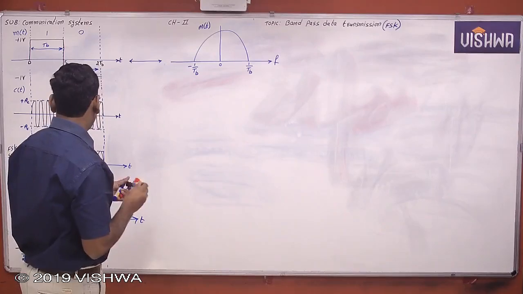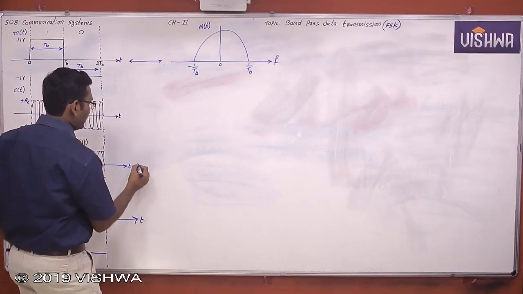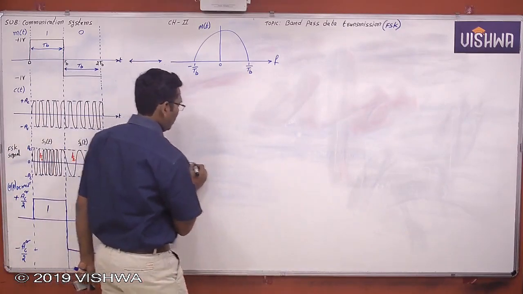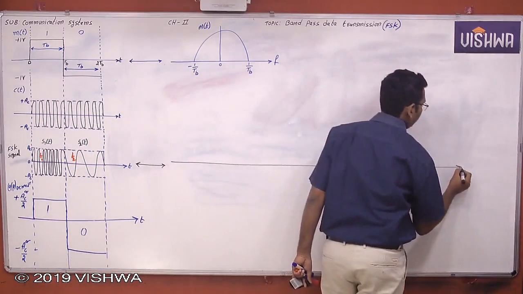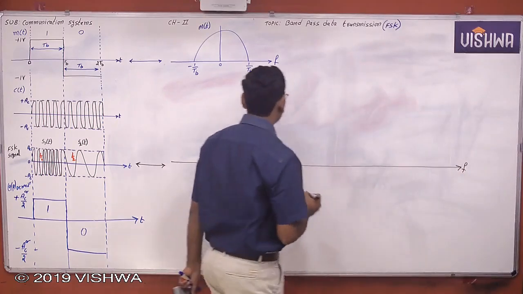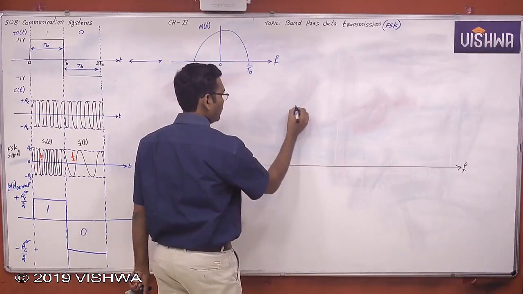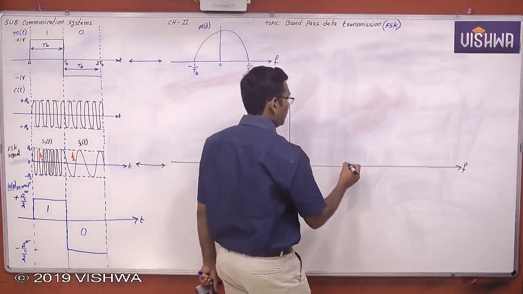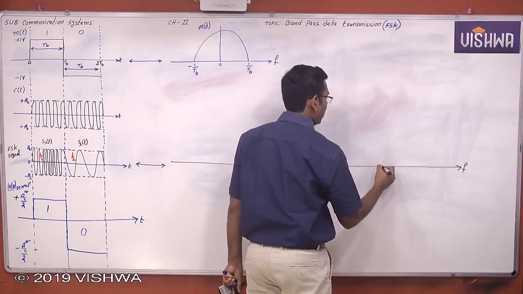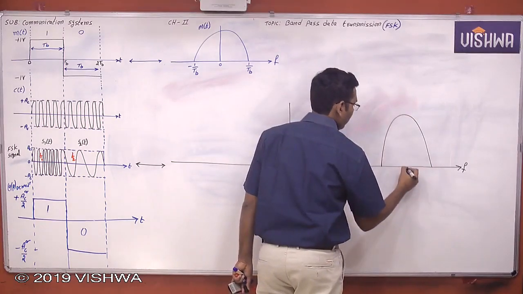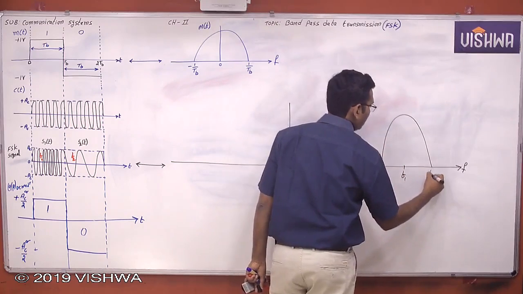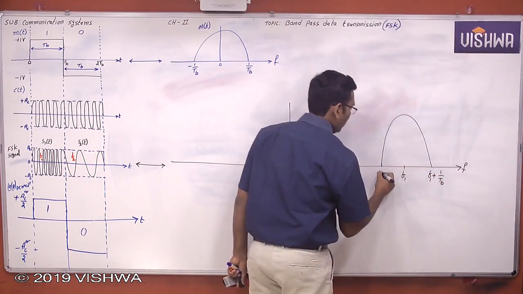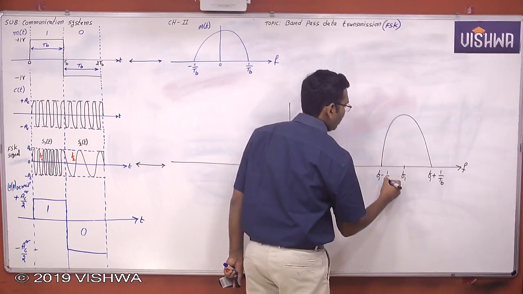But now this is an FSK signal whose Fourier transform is for S1 of t and for S2 of t. That spectrum is shifted right side by an amount of F1, because this is a mark frequency, which is high frequency: F1 plus 1 by TB, F1 minus 1 by TB.